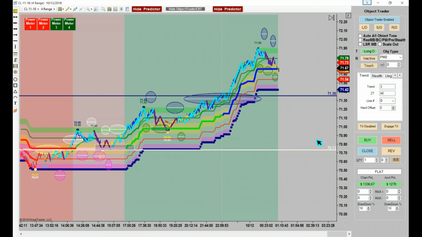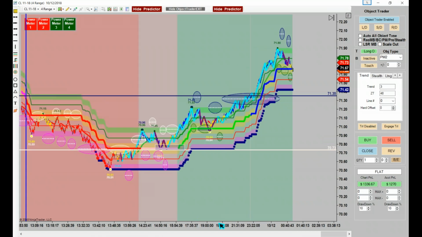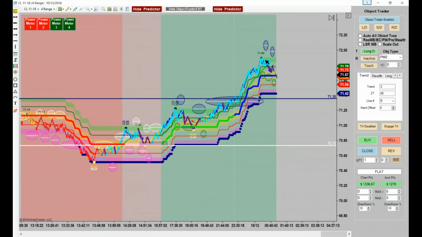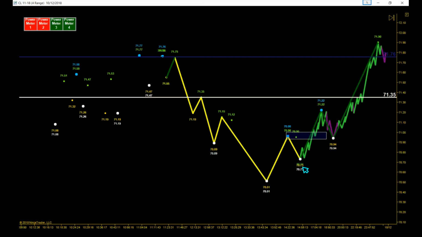Now, if you ever want to ride a real gusto trade, and you don't mind giving up a lot at the end of a trade, you can definitely start using your line 0, but you're going to go from 48 tick pullbacks. And I don't recommend that personally, because I would just watch this little chart right here.